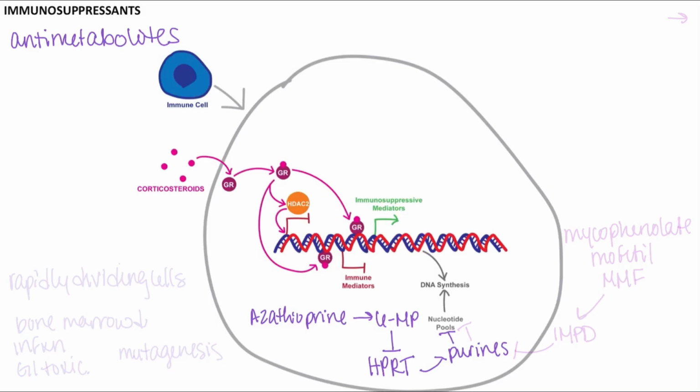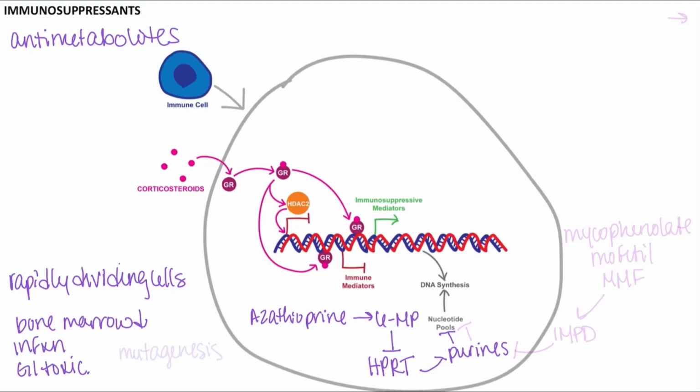So this agent was originally a chemotherapeutic, so its side effects are similar to that of chemos, where we are hitting those rapidly dividing cell lines. So bone marrow suppression, infections, GI toxicity.